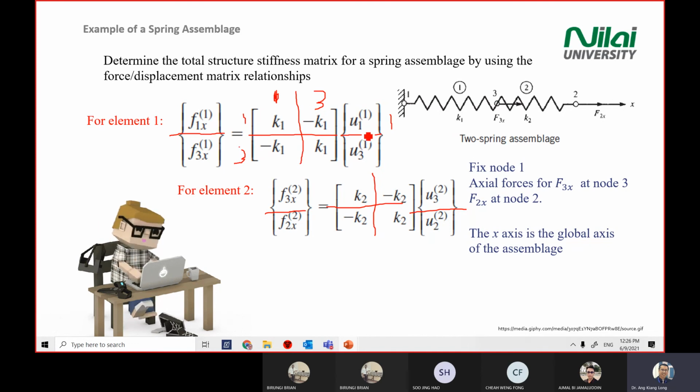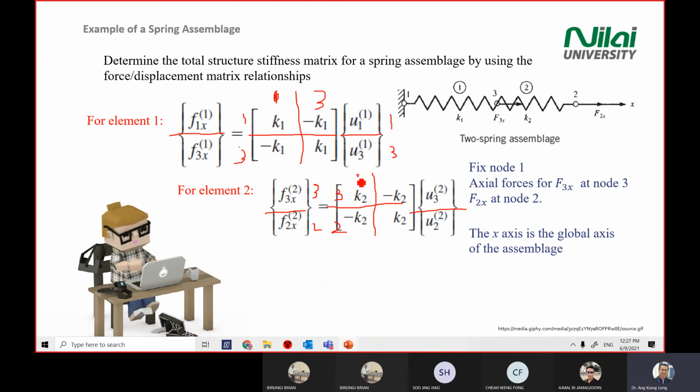This number is point 1. This number is point 3. So this one is also the same, the below one. The top one is point 3. This one is point 2. And these two numbers here, this row is referring to point 3. This one referring to point 2.